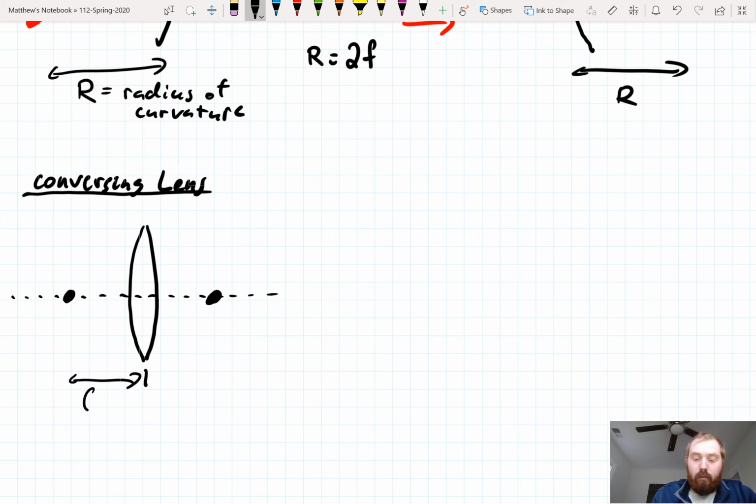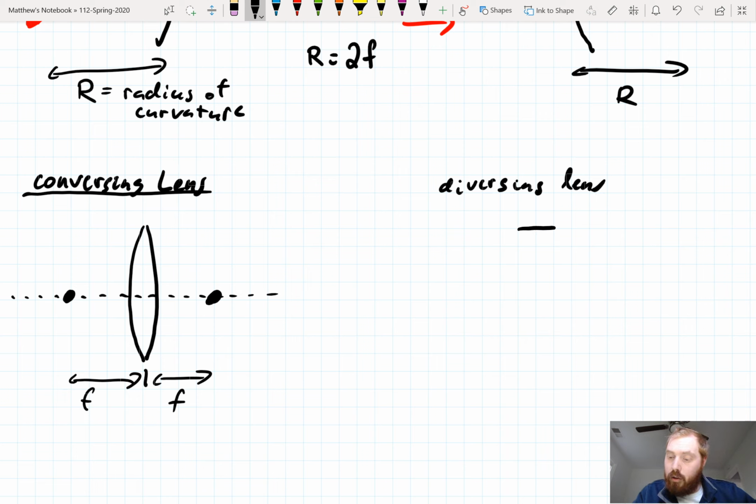So from here to here, that's a focal length. Here to here, that's a focal length. And always, we're going to be sending rays, and I'm not going to draw it this time. Converging, the curvature of the lens is outwards. We also have a diverging lens.